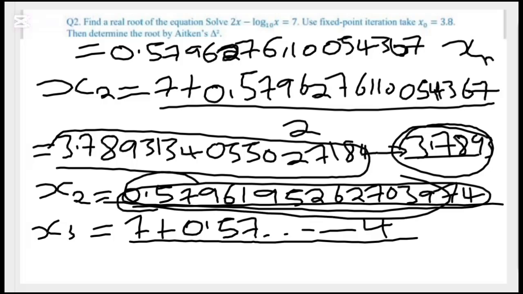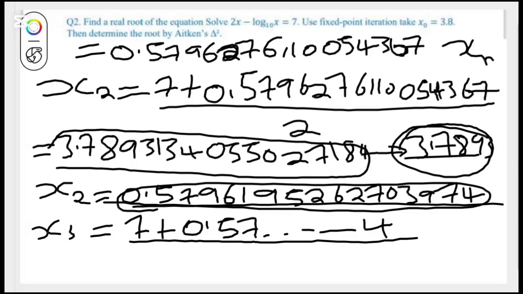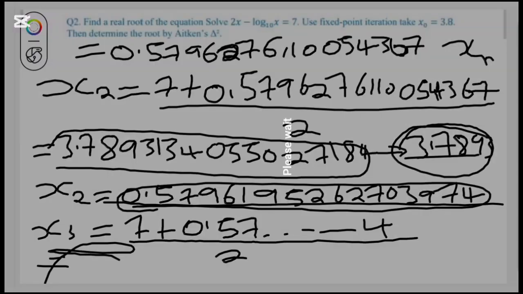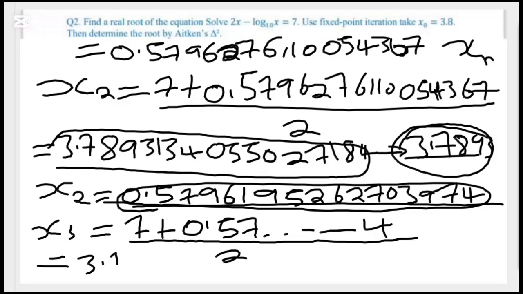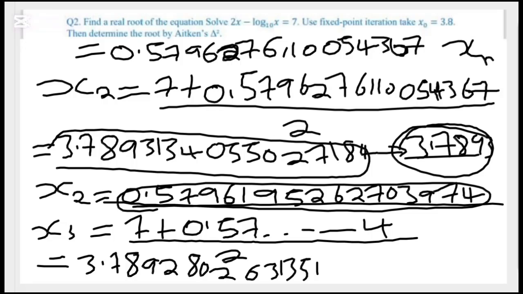I write the complete this here, so I have to divide it by 2. So this will now be equals to, so I got 3.78928026313511987.